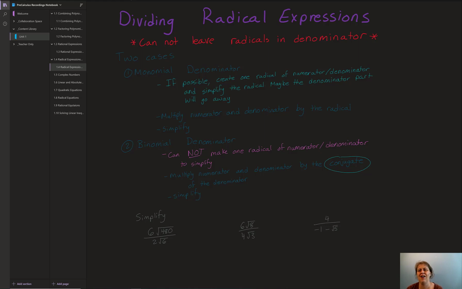It's just not done. Can people still understand what you wrote? Maybe, but we don't do it. The reason we don't do it, it's a long history lesson. Basically, way back before calculators, there was this tool that we called a slide rule. And on slide rules it was hard to deal with radicals in the denominator.